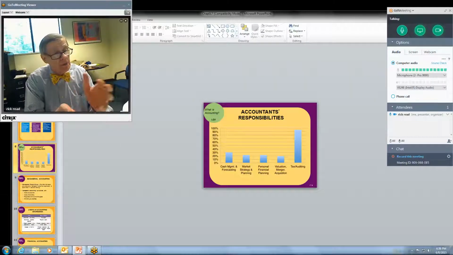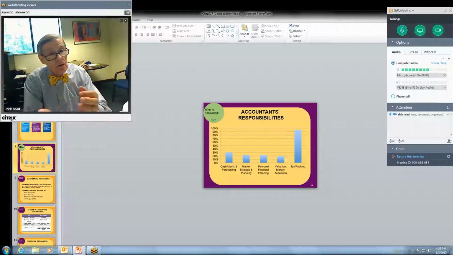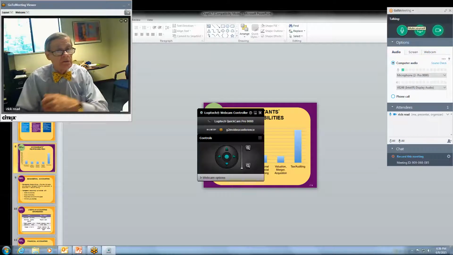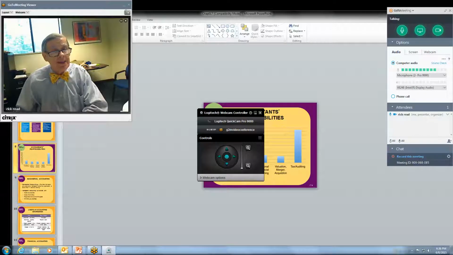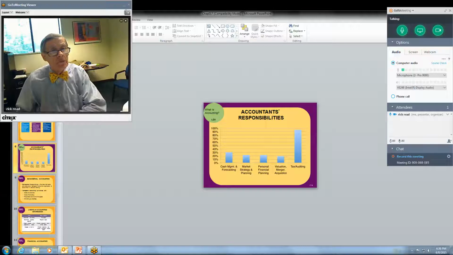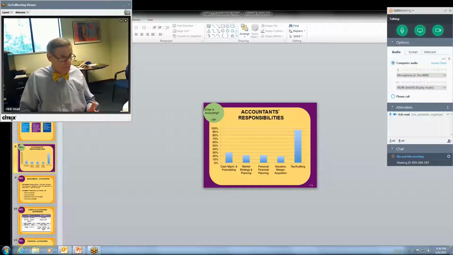Now we talk about this person or persons managing the cash flow and then also forecasting what that's going to be. And then it goes all the way over to things like tax and auditing and things of that nature. So these are what accountants do. You may have different accountants in a large company working on different aspects of these things that we just mentioned here.